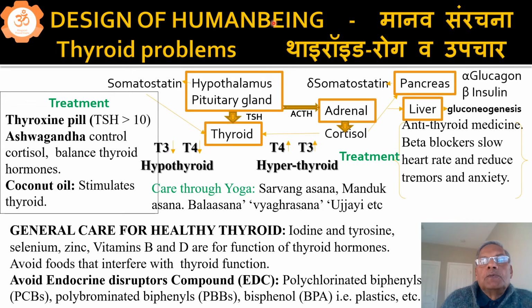So what should we do? We should try 1 spoon coconut oil in the morning on an empty stomach, or half spoon turmeric powder, black pepper, and 1 spoon ashwagandha. If we take all this together, then also the thyroid problems can be taken care of.